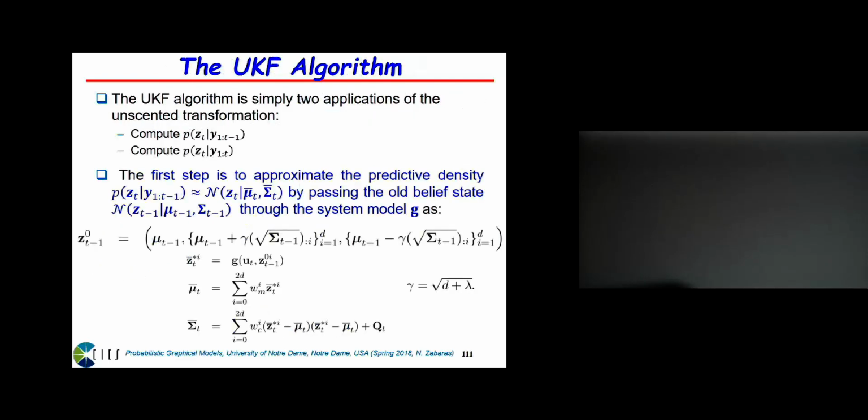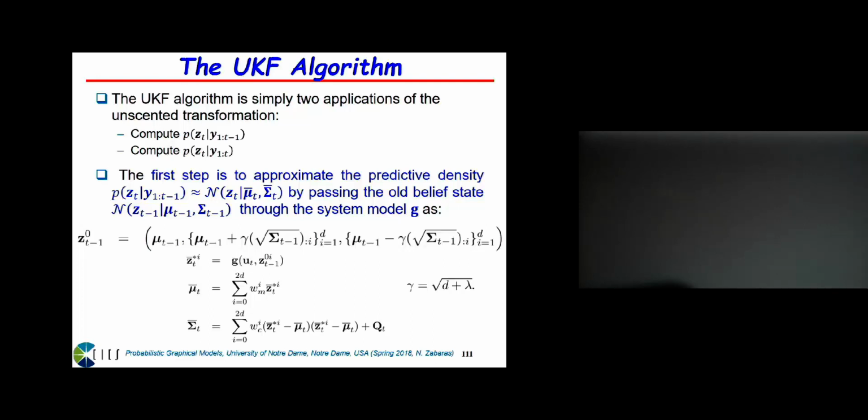And the algorithm is, again, sort of, the first step is we need to predict the one step ahead. So to compute the filtering distribution again, right? You will first have to go one step ahead with observations only up to t minus 1, okay?